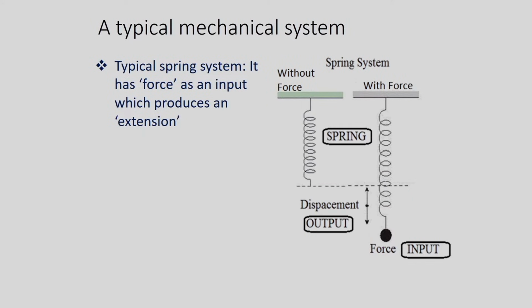Let us take one more example of the term system. On your screen you can see a typical mechanical system, and that is a spring. The spring is widely used in a variety of engineering applications.